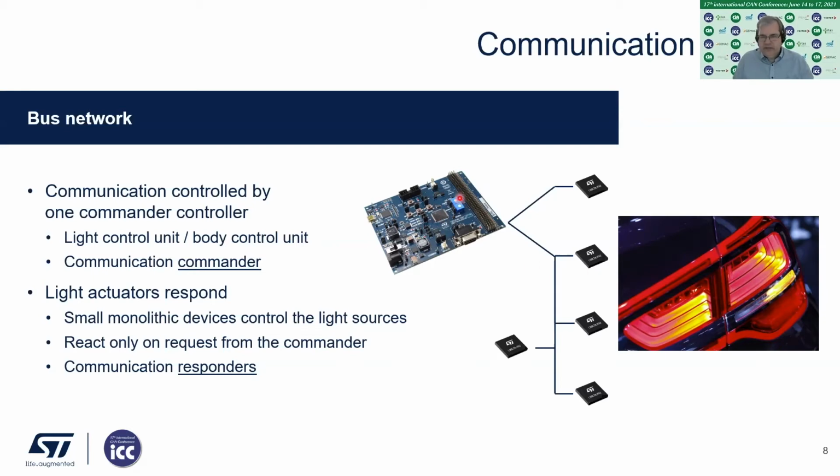Then we have these light actuators, the drivers for these LEDs, and they just respond. These are small monolithic devices. Everything, or almost everything, is integrated within these devices. They react only on a request from the commander, so these are communication responders. So we can introduce a commander-responder communication structure here.